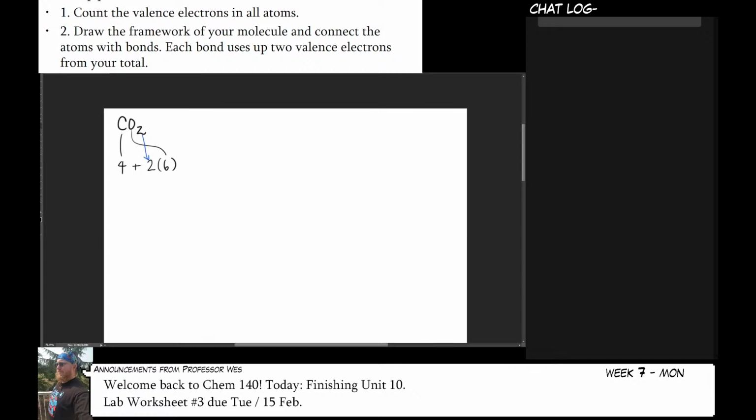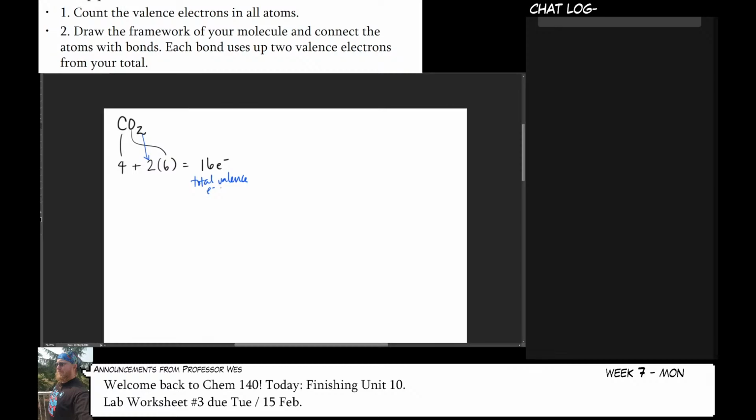And so we'll just indicate that there. What is the total number of valence electrons? It'd be 4 plus 2 times 6, or 16. So we're going to have 16 electrons for our valence pool.